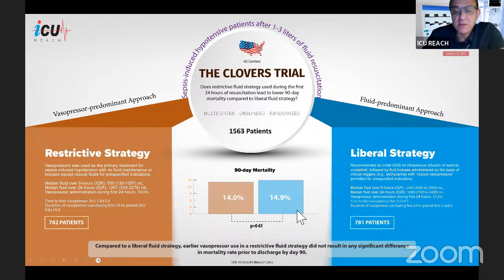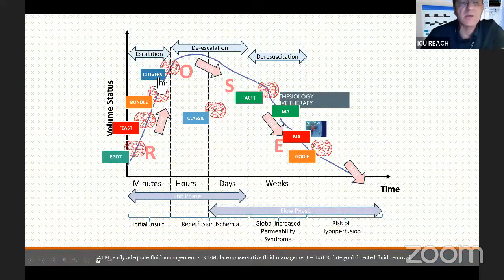Mortality within 90 days is not different, whether they were having fluid or not having fluid. So it's a neutral result actually. It really doesn't matter much if you are aggressive in fluids. You need to maintain some perfusion, but you do not need to be aggressive in your fluid management during the escalation phase.